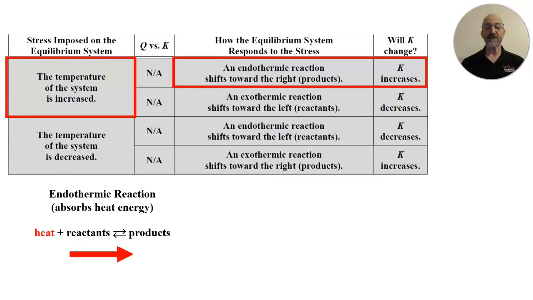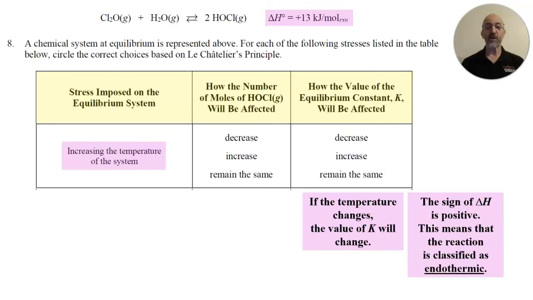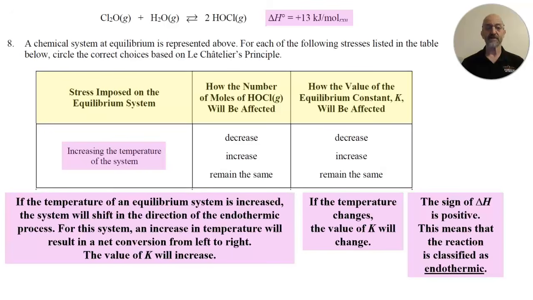So now we can answer the last part of question 8. Endothermic reaction, a net conversion from left to right. So you can see I'm drawing an arrow from left to right, and K increases. If the temperature of an equilibrium system is increased, the system will shift in the endothermic direction, and so for this system, that will be from left to right, and the value of K will increase.